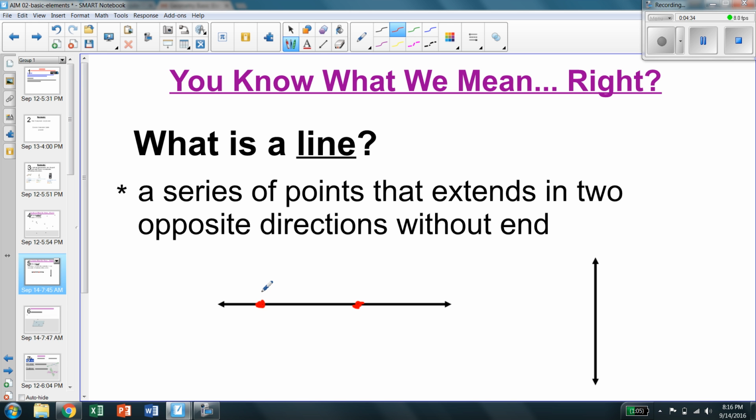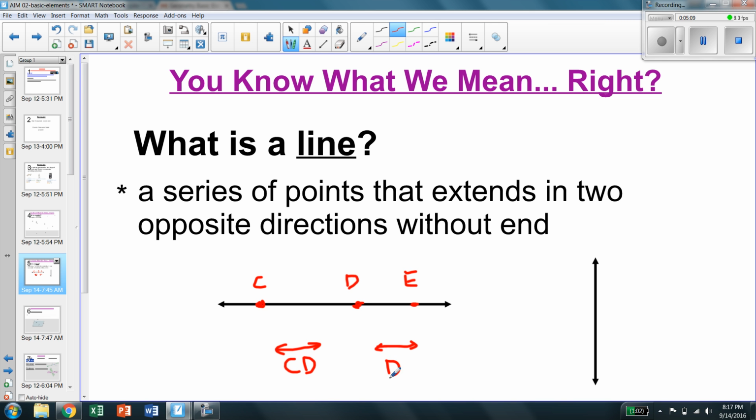Here we're not given, so I'm going to pick two letters that I want to use. I'm going to use C and D, for lack of a better thing to pick. So I could call this line CD. I can name it with two points. If I had a third point on this line, which I do, I have many, many other points, but I'm just going to call this one E. I could also refer to this line as DE.